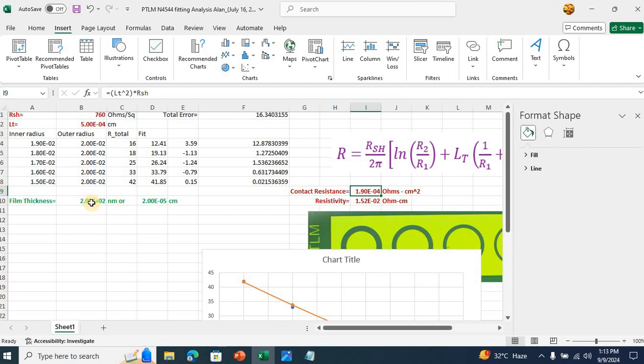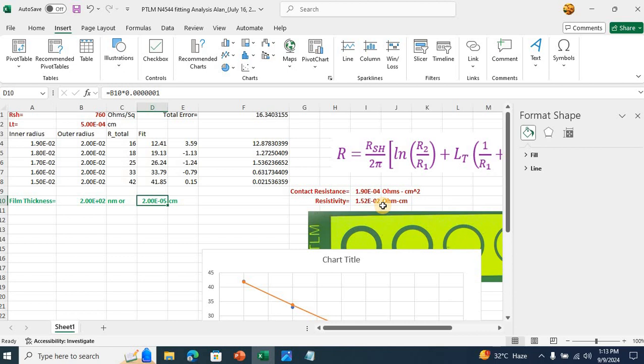Similarly, you can also measure the resistivity of this film if you know the film thickness. So resistivity is equal to the sheet resistance times the film thickness. This film had a thickness of 200 nanometers. So RSH times the film thickness in centimeters gives me the resistivity of the film, which is 1.5 times 10 to the power minus 2 ohm centimeter.